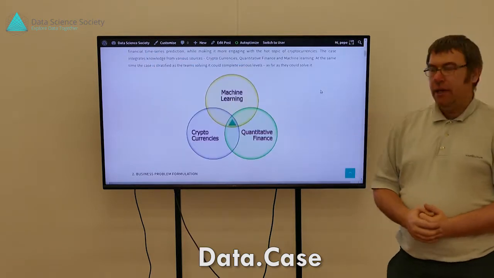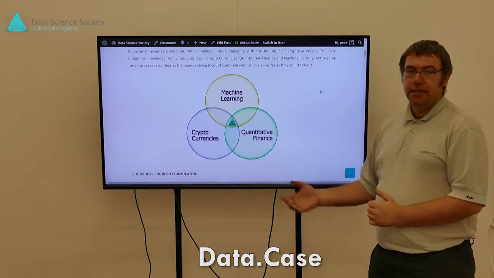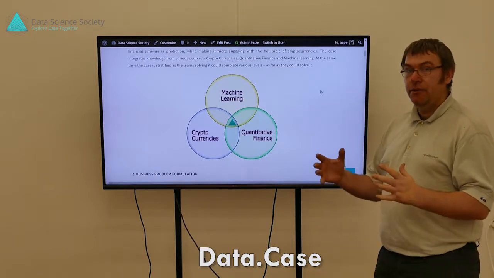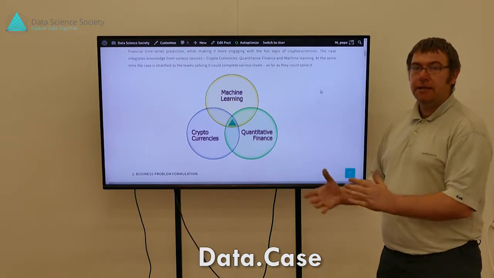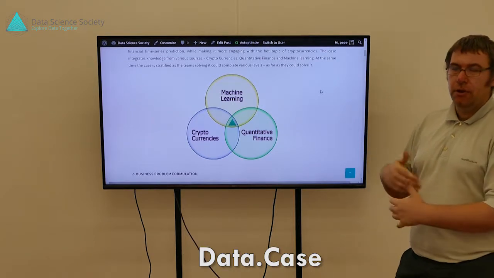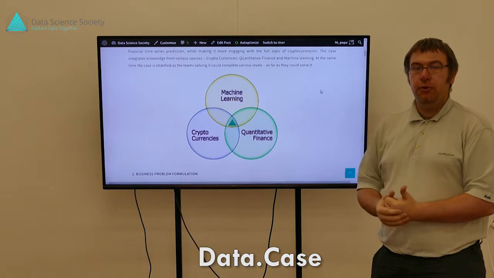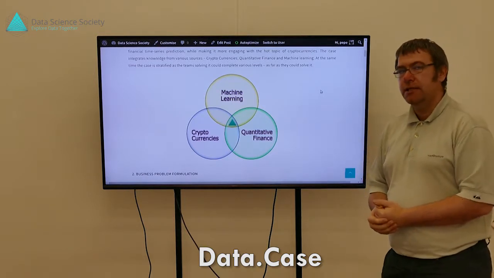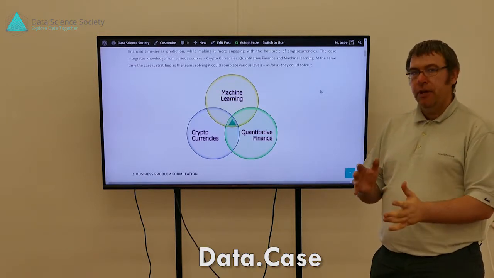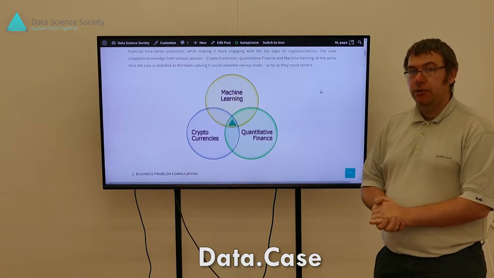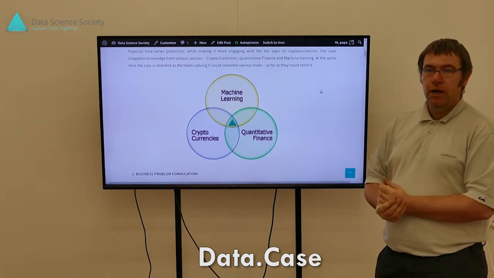First of all, we stress the need for you to have various abilities and various skills that you are going to show while solving the case. First, you need to have some understanding about cryptocurrencies, and if you don't, there are plenty of mentors that can help you.